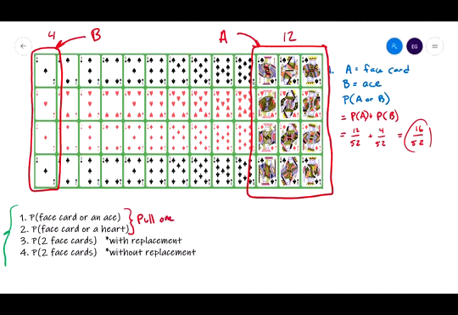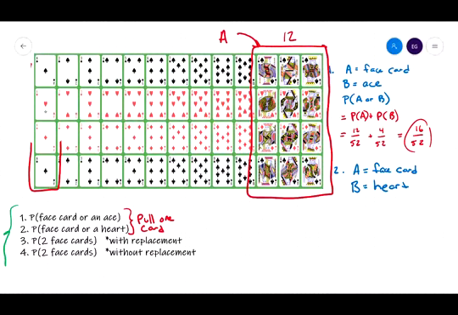You pull one card at random. What is the probability that that card is either a face card or a heart?